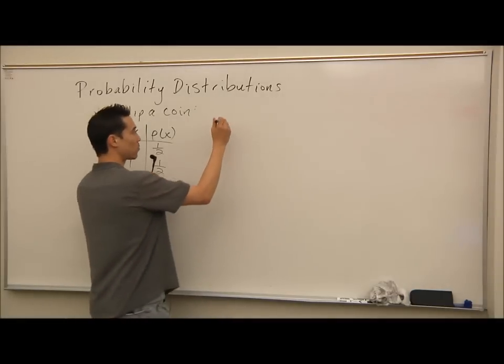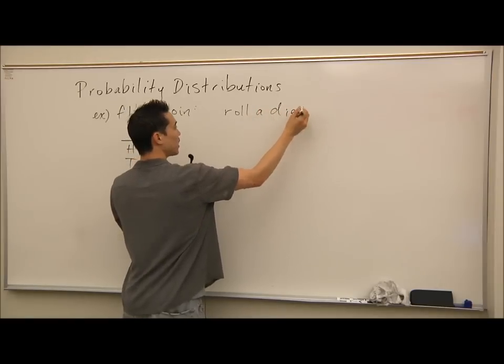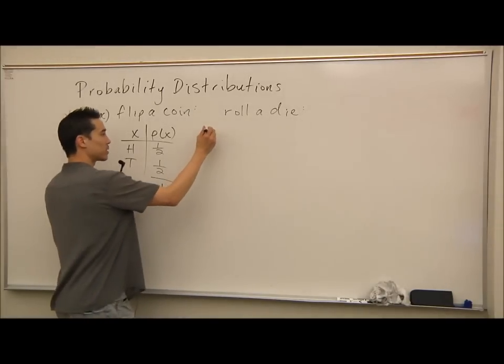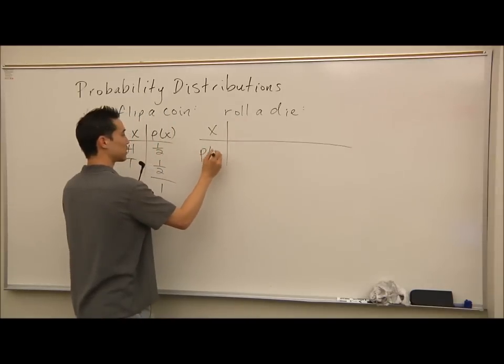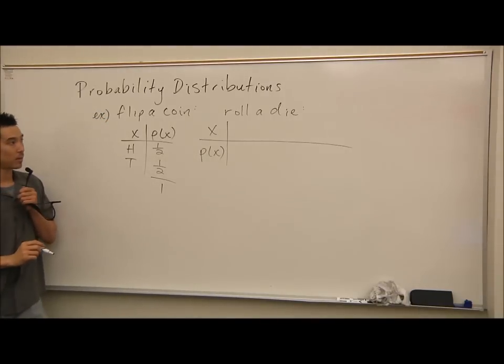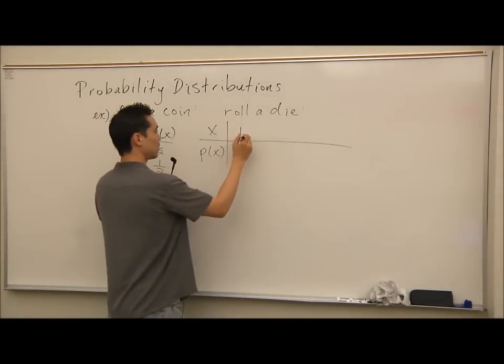Okay? Let's do another example. Let's roll a die. Can you show me a probability distribution for rolling a die? Okay? And this time, let's make the table this way. X and P of X. If I roll a single die, what are my possible outcomes? 1, 2, 3, 4, 5, and 6.